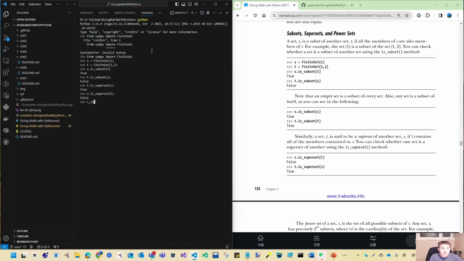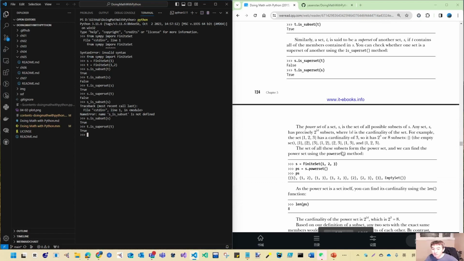And S.is_subset(S) is true. T.is_subset(T) is also true, and T.is_superset(T) is always true. So if you put that to itself, it will always be superset or subset true.